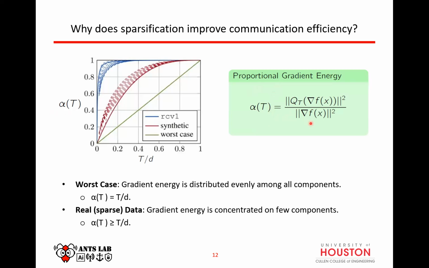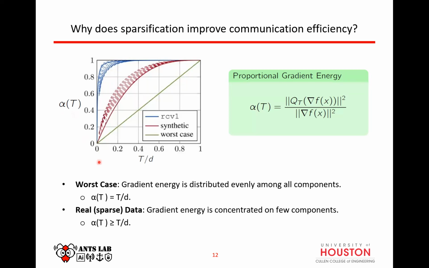They use this metric to see how things behave. In the worst-case scenario with the synthetic data set, and the normal training with sparsification, we see in the blue that the communication required is much lesser. So they equate this to alpha_T.